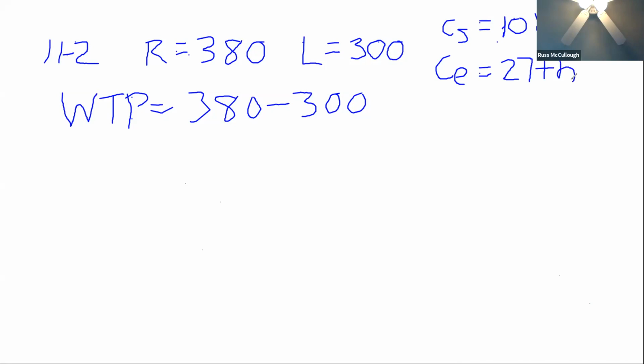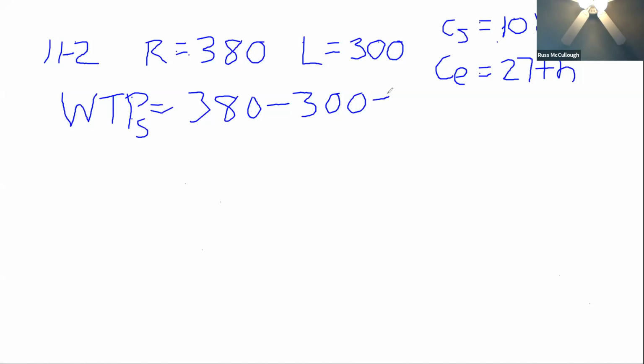Okay. So if we're trying to find the willingness to pay, first of all, for the stair people, let's put a little subscript S, the willingness to pay for the stairs, 380 minus 300, and then we're going to subtract off the stair cost, which for the stair people is 10H.